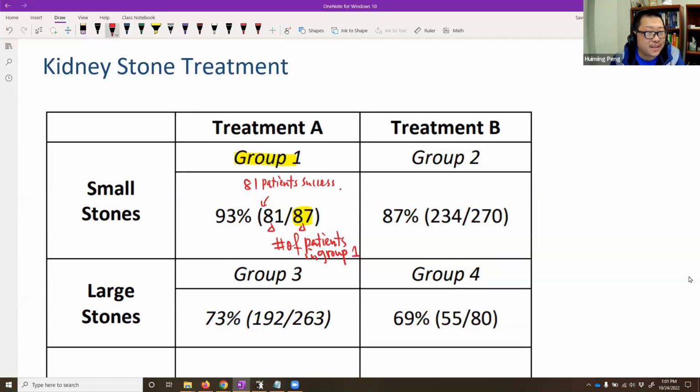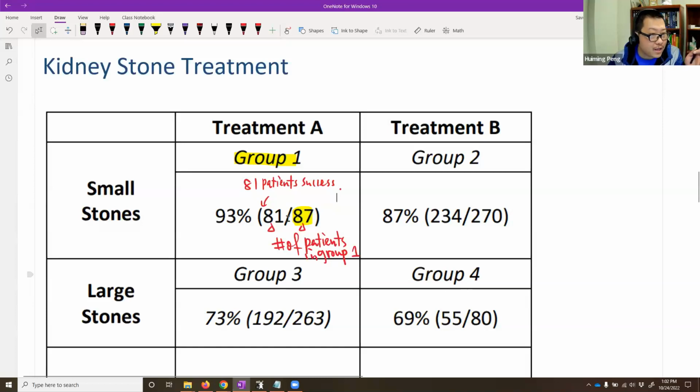How many total? 87. And then 6 patients did not receive a good outcome, but 81 patients out of 87 received a good outcome. So probably the small kidney stone disappeared after the treatment, after some time. And we usually call this success. So we have 81 successes out of 87.